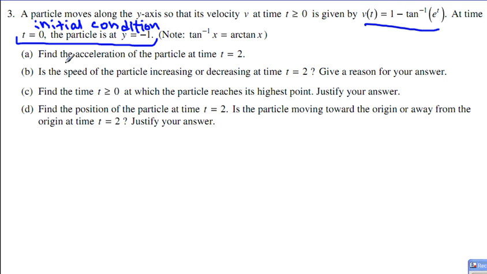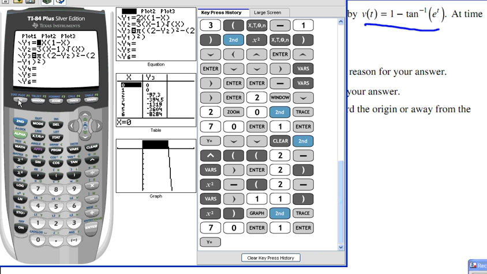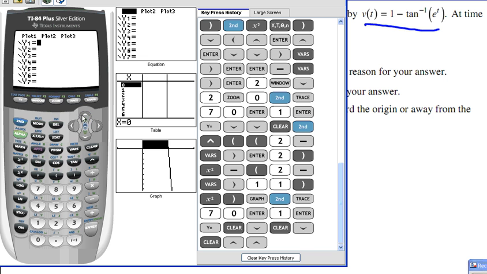Find the acceleration. In order for us to find the acceleration, since the calculator is still allowed, we're just going to put that in and then find the derivative of v, which is the acceleration. Acceleration when time is equal to 2 is the derivative of the velocity when t is equal to 2. So let's put that in. I'm going to clear everything for now.